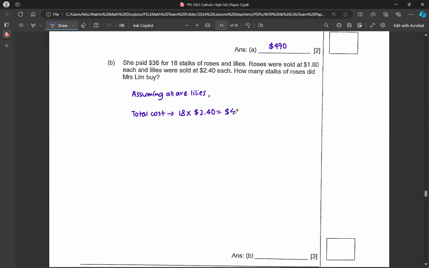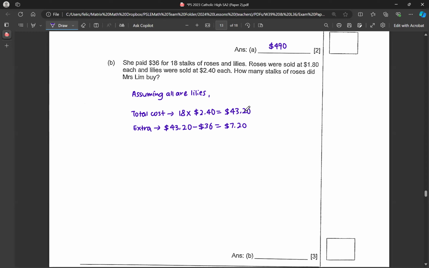So it's $43.20. But remember, she actually paid $36. Based on my assumption, I'm supposed to pay $43.20, which is too much money. So I'm going to pull out some money. The extra money to pull out, we call it extra, simply by taking 43.20 minus what she actually paid. So $7.20 is the extra to pull out from the diagram.